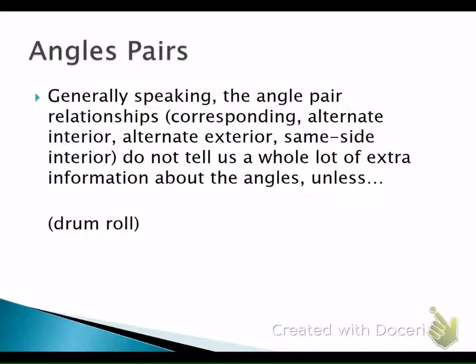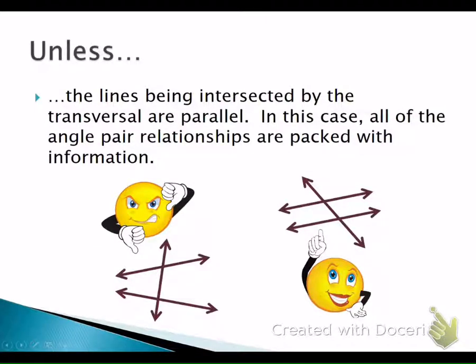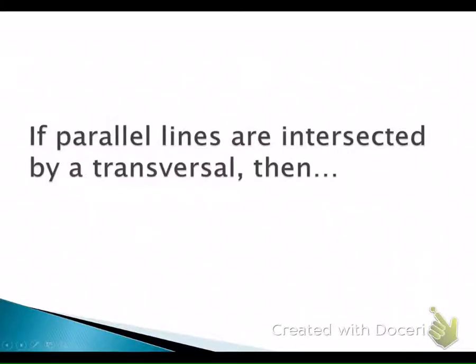Once you have these parallel lines, all of these angle relationships that we learned yesterday now mean something special, okay? So again, if it looks like this, the relationships are there, not special. Today, the lines that are intersected by the transversal will be parallel, and all these special things happen.